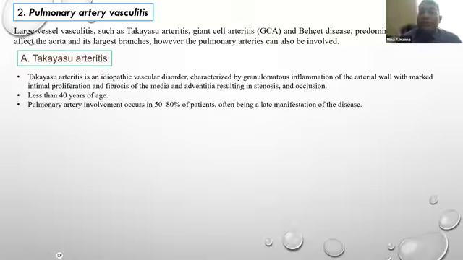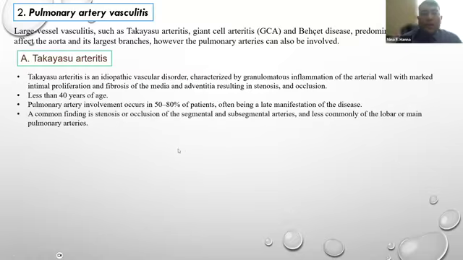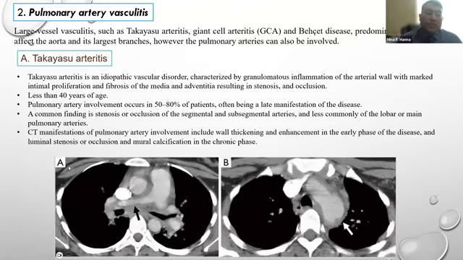Pulmonary artery involvement is 50 to 80%. A common finding is stenosis or occlusion of segmental and subsegmental arteries. Less common is lobar or main artery occlusion in Takayasu. When you do a CT, you will find there is a thickening in the ascending aortic wall, maybe even intimal disruption, and there is some pseudoaneurysm formation here in this patient because of the weak inflamed intima and vascular wall.